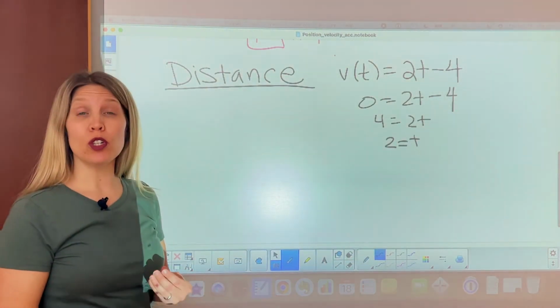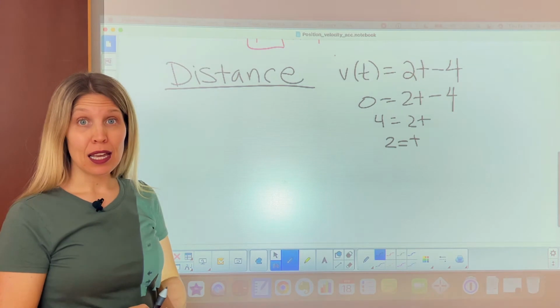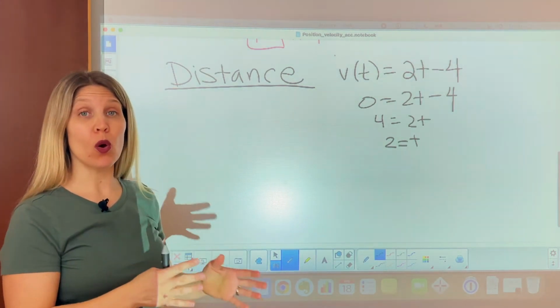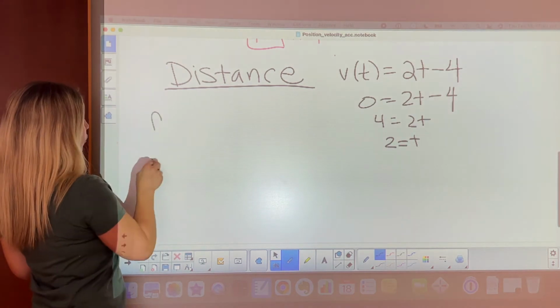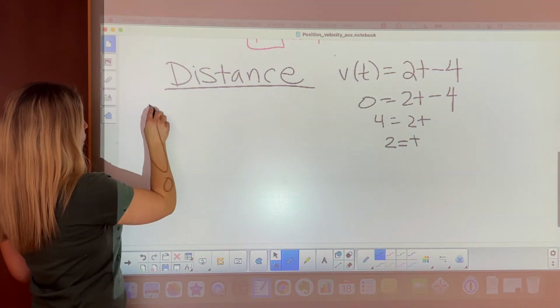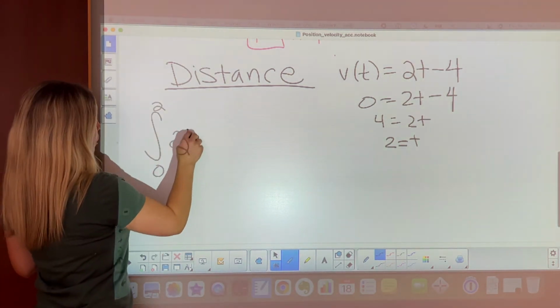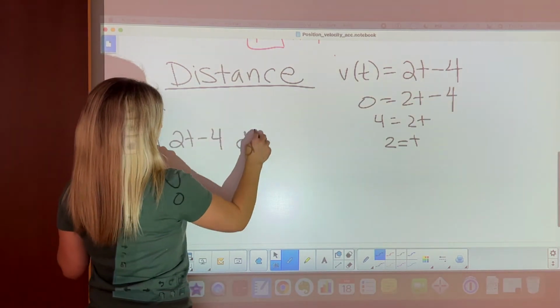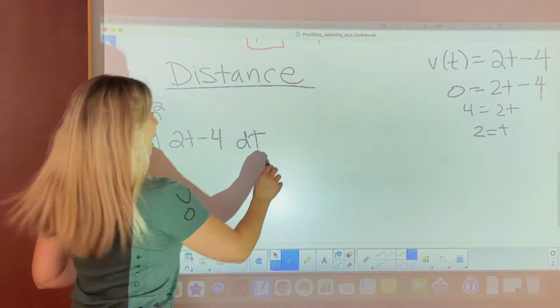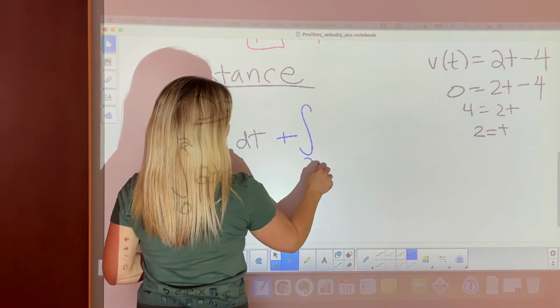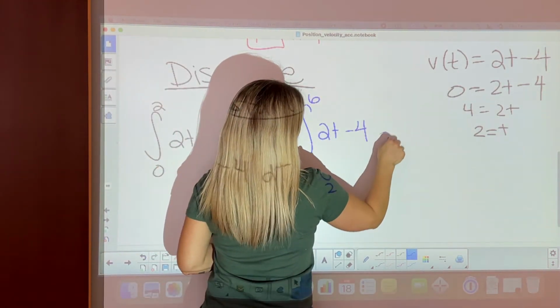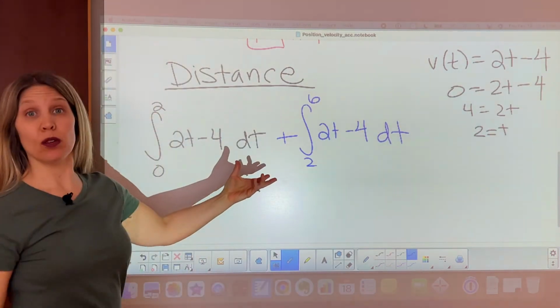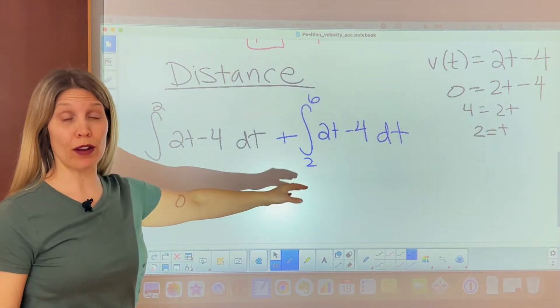So now what we're going to do is we're going to integrate and we're going to split up the bounds so we know how far your car went in each direction. So we'll integrate first from 0 to 2, 2t minus 4 dt. Now we have to add on the integral from 2 to 6, same integral, but we have to be able to show how far it went from 2 to 6.